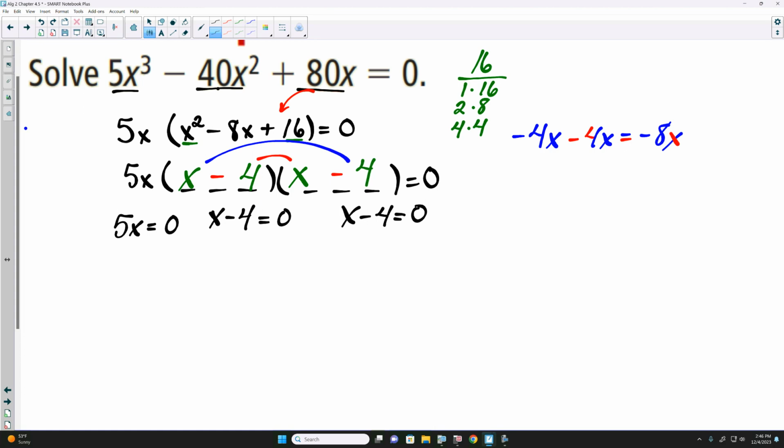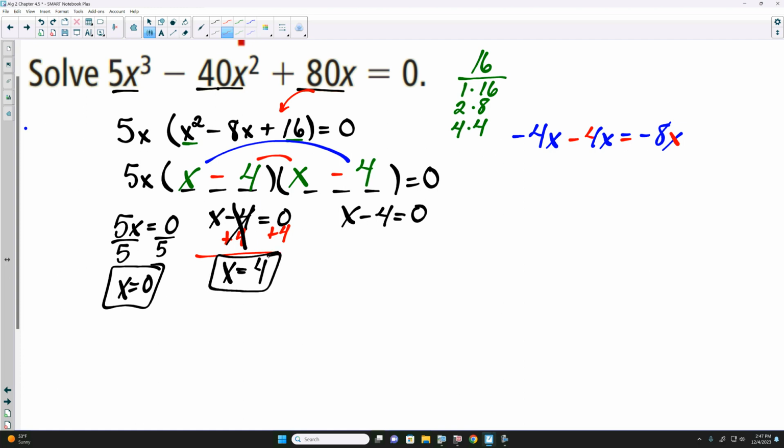Since we do have two or more things multiplied together to equal 0, one of them must be 0. Well, 5x equals 0. We can divide both sides by 5, telling us x is, surprisingly enough, 0. x minus 4 equals 0. What can we do first? We can add 4 to both sides. Our negative 4 plus 4 is 0, leaving x by itself. 0 plus 4 is 4, telling us x is 4.